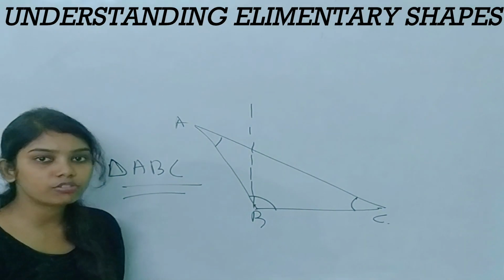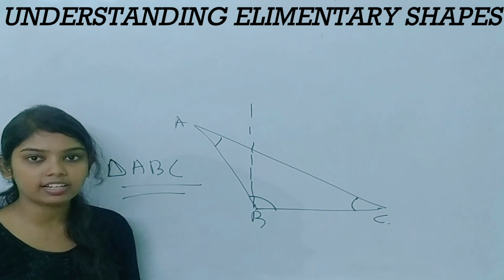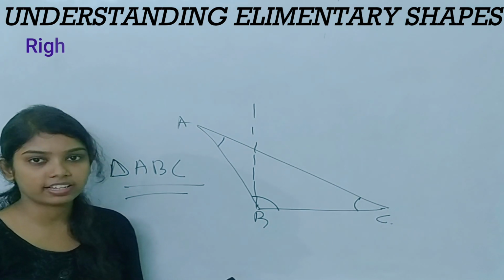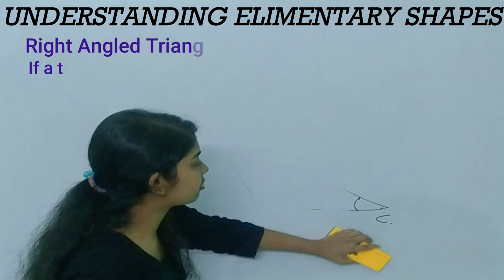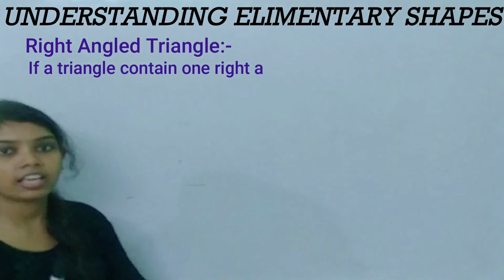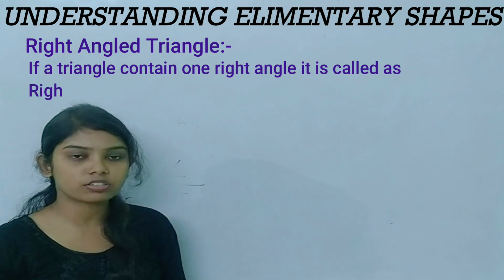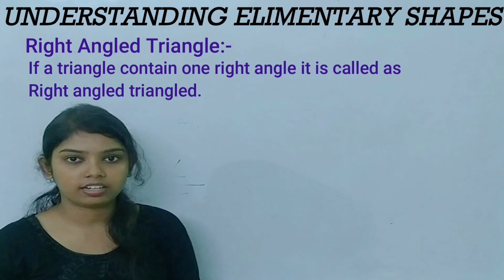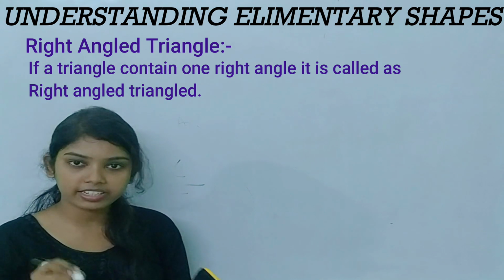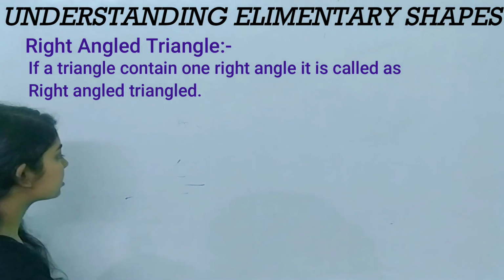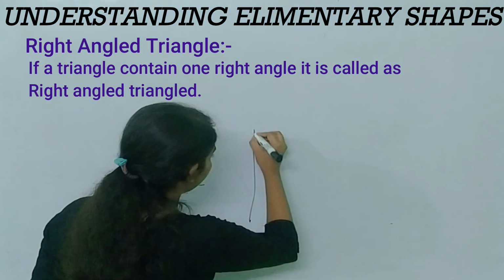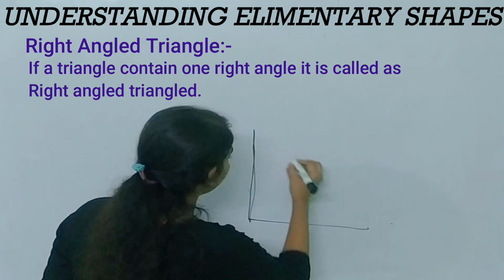Okay. Now we will go for the third type of triangle, that is the right angle triangle. Okay. So what is a right angle triangle? If a triangle contains one 90 degree angle, that is called a right angle triangle. अगर एक ट्रायंगल में एक 90 डिग्री होता है तो उसे हम राइट एंगल ट्रायंगल कहते हैं. जैसे कि this one, here a triangle is given.